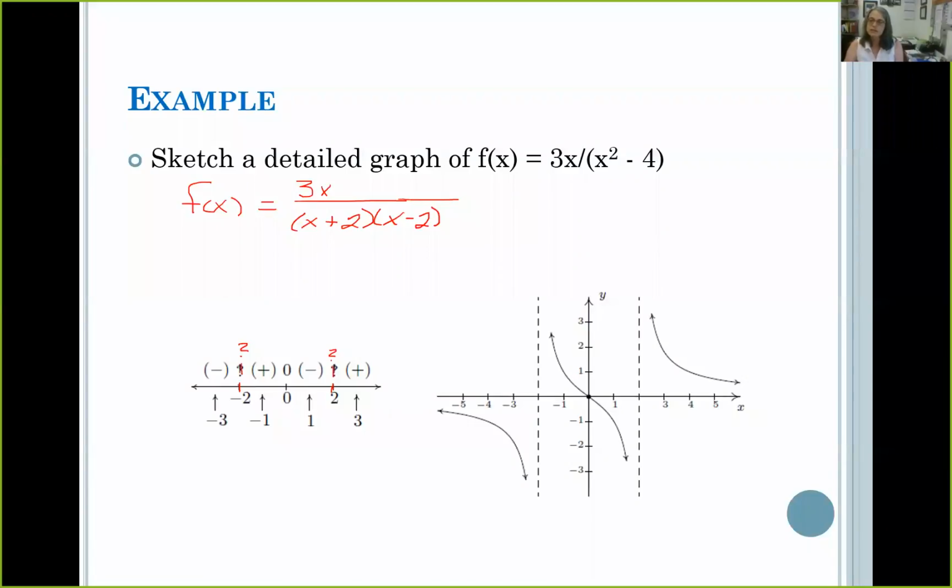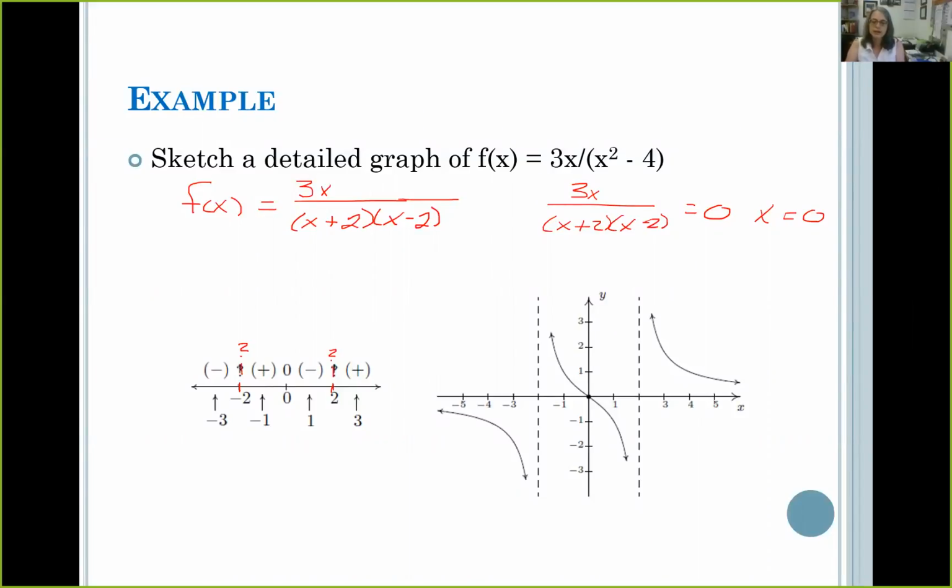And then the other thing we do is we find a 0. So we say to ourselves, if there are any, 3x over (x plus 2)(x minus 2) equals 0, where? Well, we know that that happens when x equals 0. So we've got a 0 at 0.